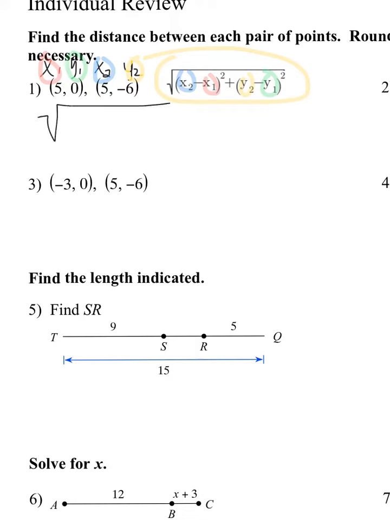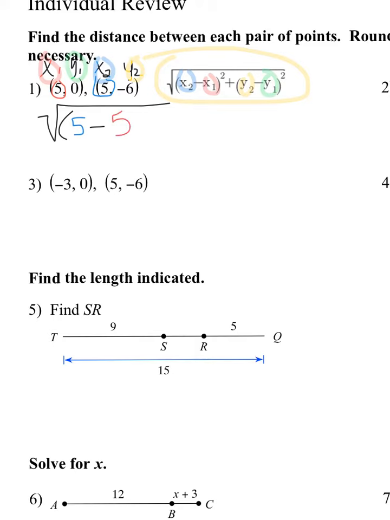Okay, so I'm going to end up with the square root of, I'm going to plug x2 in, and my x2 was 5, this 5 right here, minus my x1, which is 5.